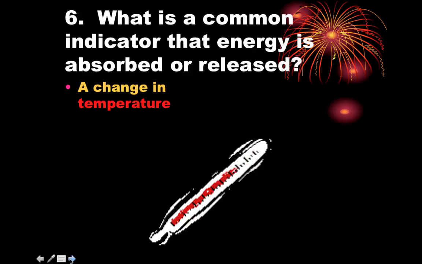A common indicator is going to be a change in temperature. So if you had a thermometer when you're burning wood, you're going to notice that the temperature is going to increase. If you have a thermometer when you mix baking soda and vinegar, you're going to notice that the temperature decreases.